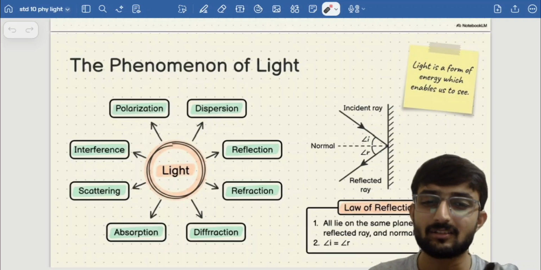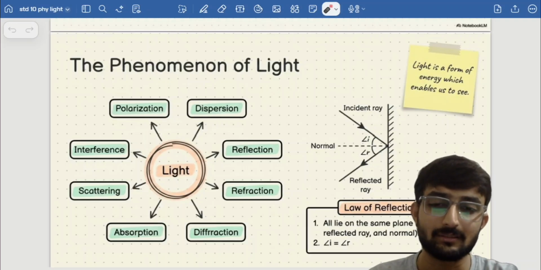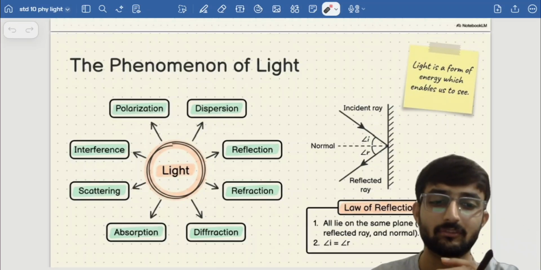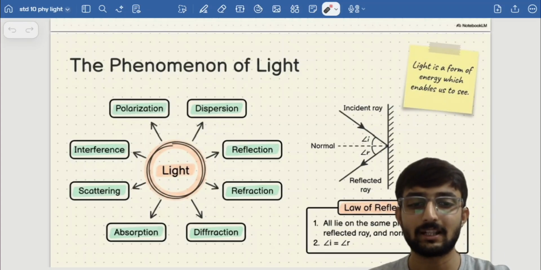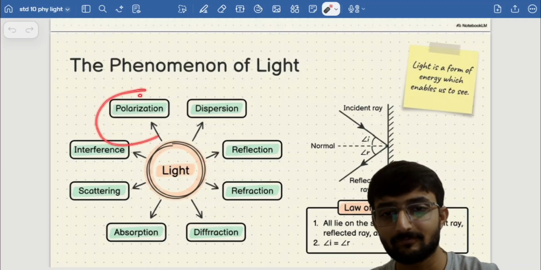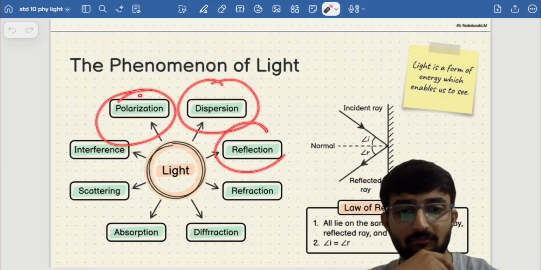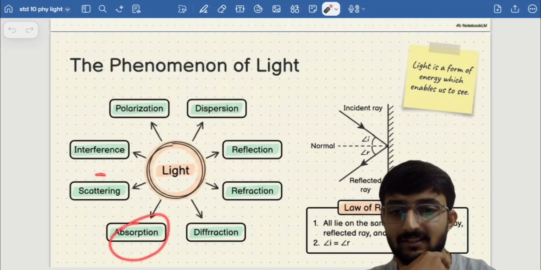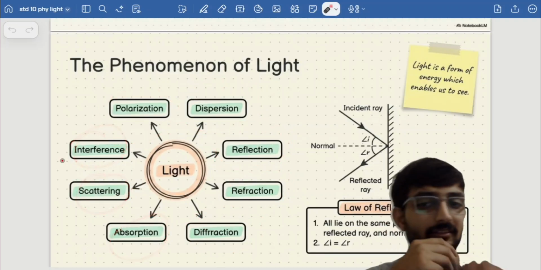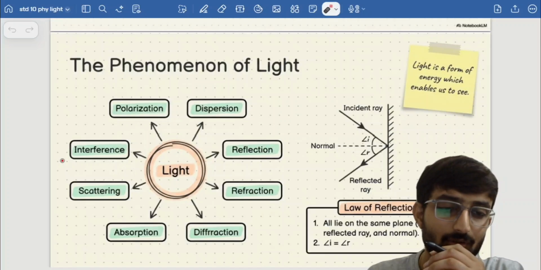But light doesn't just do one thing, it exhibits an entire spectrum of phenomena. As you can see in our mind map, light can polarize, disperse, reflect, refract, diffract, absorb, scatter and interfere.